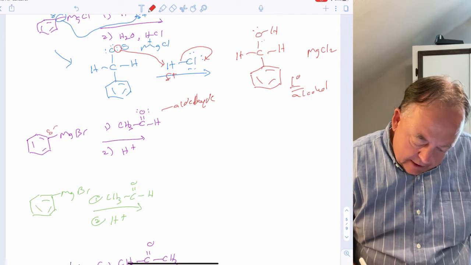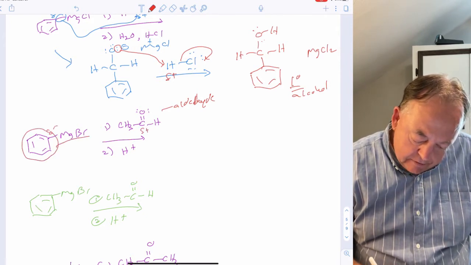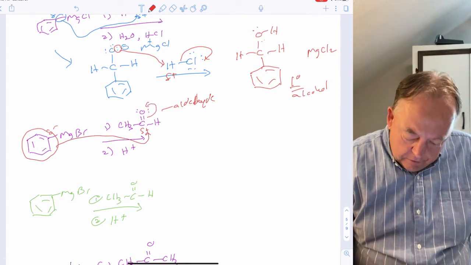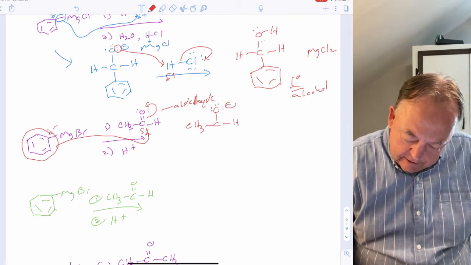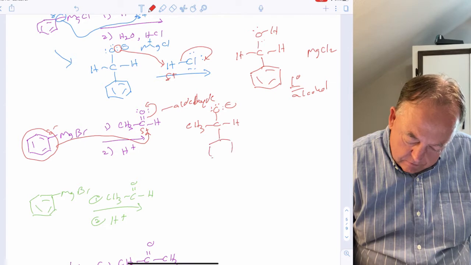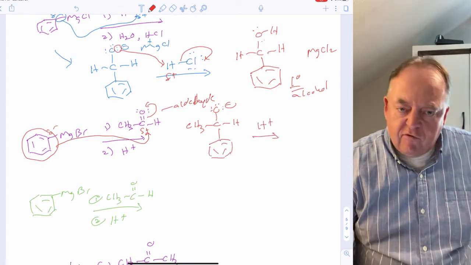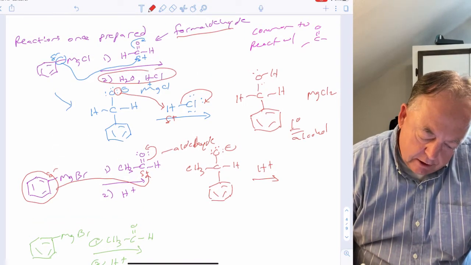So that's partial negative, that carbon's partial positive. So whatever's attached to the magnesium, you're going to stick on that carbon and break the C double bond O. That will become an O minus. And then the second step, so you see a variety of things written for the second step. It could be H2O, HCl.